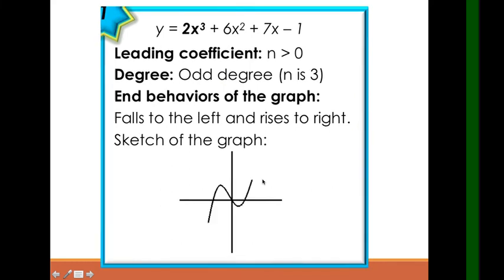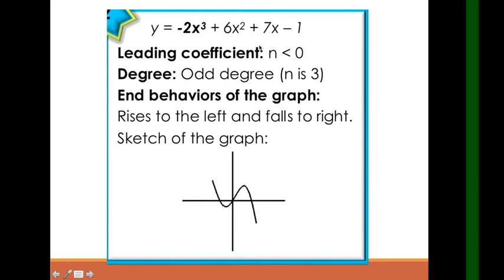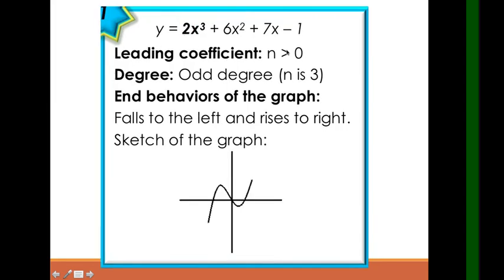Okay? Now, negative 2x cubed plus 6x squared plus 7x minus 1. The leading coefficient is less than 0, kasi negative siya. Ay, by the way, yung n natin pala is 3. I'm sorry, yung n na tinutukoy dito is yung degree.